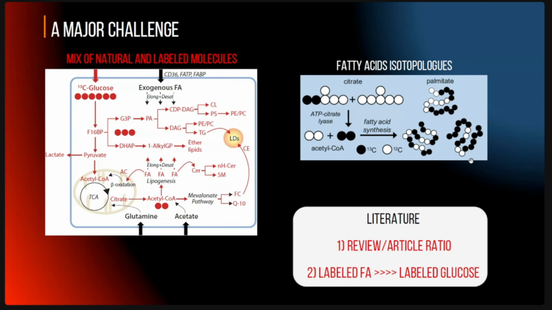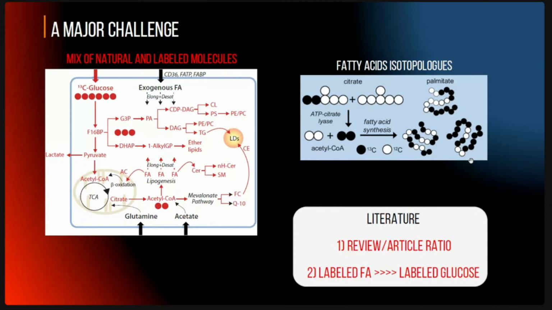What we figured out in the literature is that stable isotopic tracing with lipidomics is a weird scenario, because the ratio of review articles pointing to the potential of this technique to probe the metabolism of cells, compared to actual articles showing data on this matter, is very low.